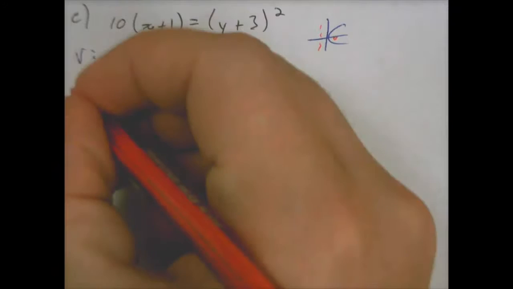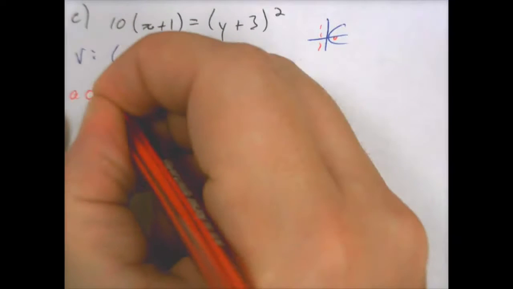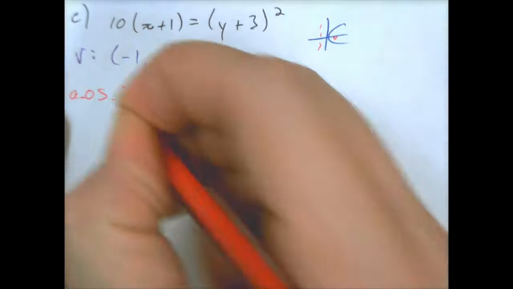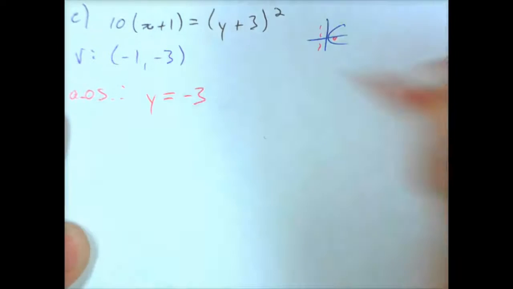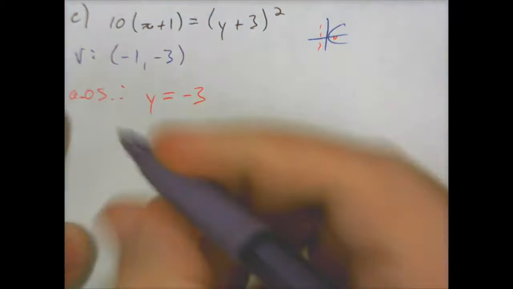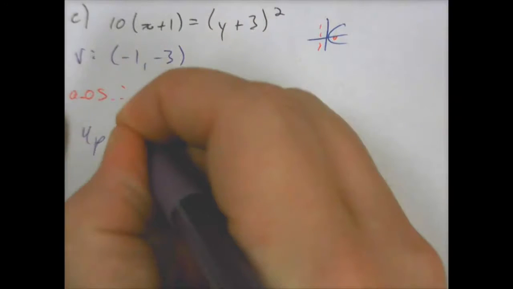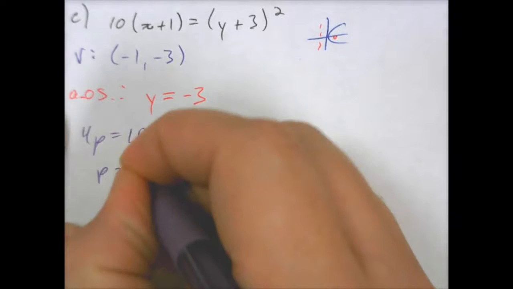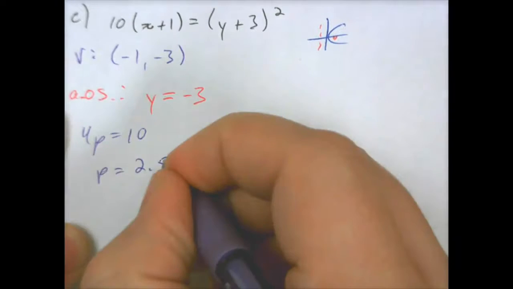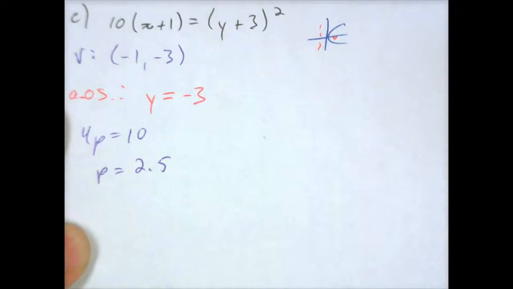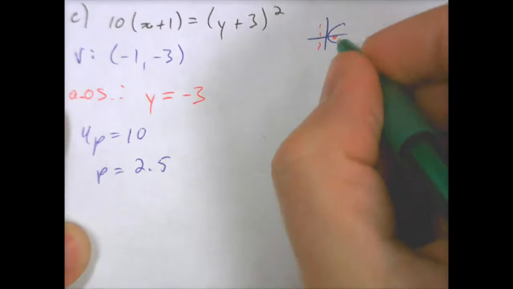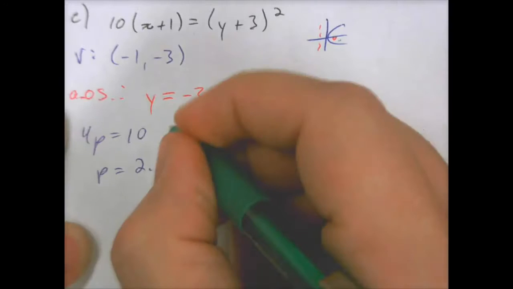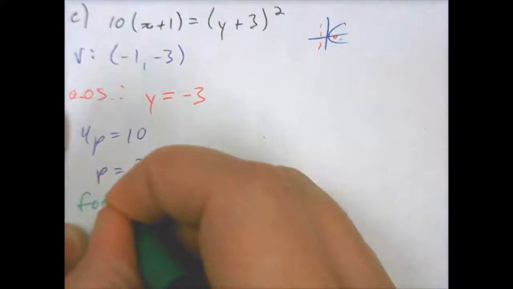So for my axis of symmetry, I will have y this time equals the y value, so negative 3. And for my p, I have 4p equals 10, so p is 2.5. Okay, so then since it is going to the right and left, I will have plus 2.5 from the vertex for the focus.